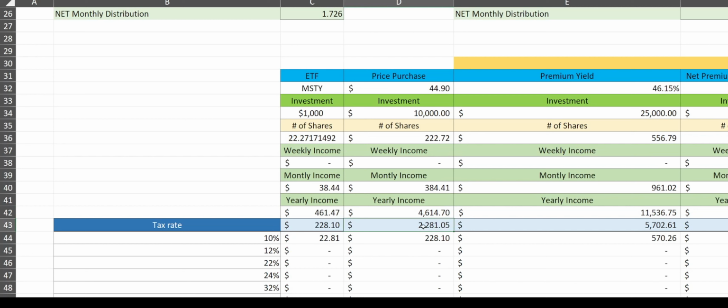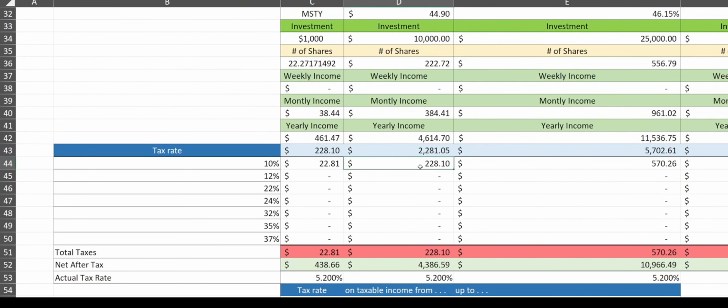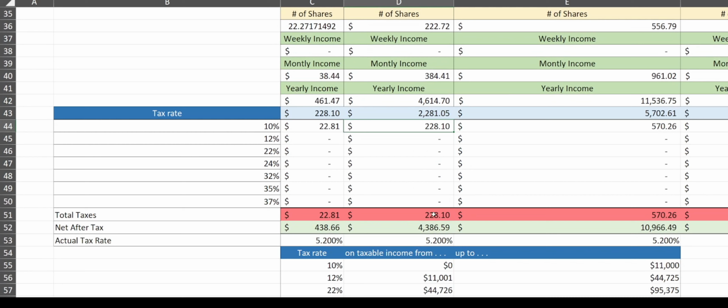And because this $2,000 fits in $11,000, we only have to pay in the 10% bracket, and that's going to be $228.10 of taxes, right? We subtract that from the yearly income, and our net take home after taxes is $4,386.59, and that is still a 5.2% tax rate.